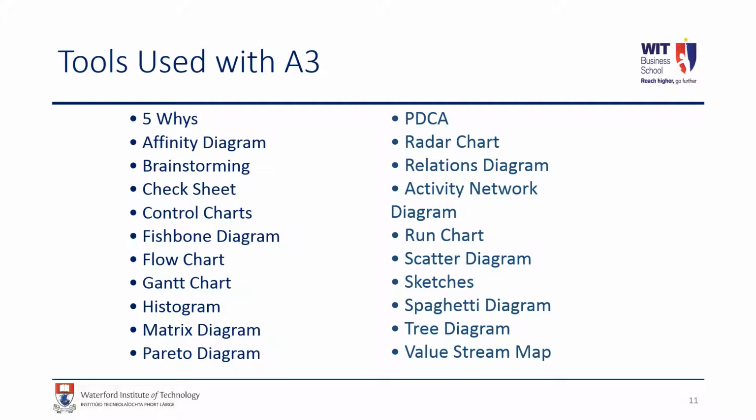You can look at some of our problem-solving tools, such as 5 Whys, fishbone diagram, maybe spaghetti diagrams, run charts, etc. We can look at relationships with our scatter diagrams, relations diagram, activity network diagrams that show critical paths. And we can also use mapping tools, such as value stream mapping, and tree diagrams as well. Okay, so there's a whole range of tools.